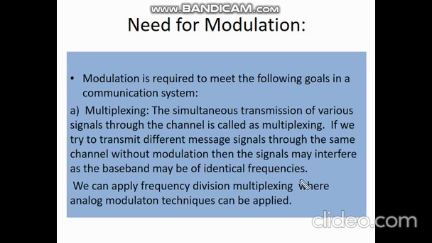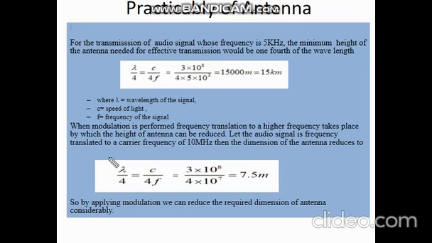But instead of transmitting the basebands together through the same channel, if you perform modulation, the signals are translated to a higher frequency, centered about the carrier frequencies. If you transmit these signals through the same channel, because of multiplexing, they will not interfere with each other.